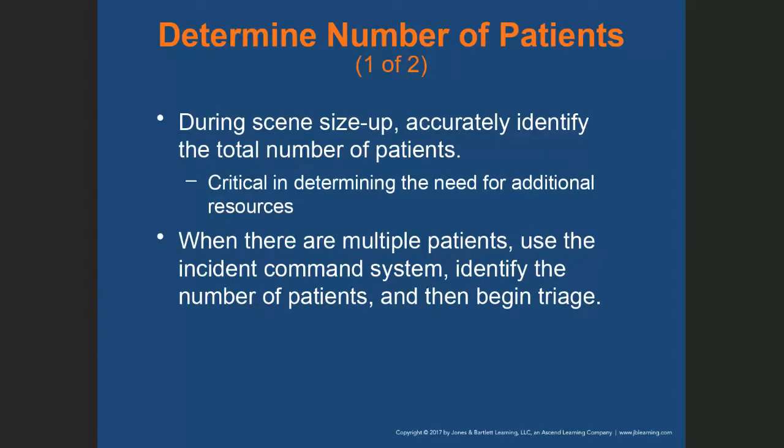What different persons are you talking about? You're the first unit. Additional resources are not available. It's you and your partner now. So what other persons are you talking about? Sir, my partner. So you're going to assign your one partner? Yes, sir. Okay. All right. That's not triage.